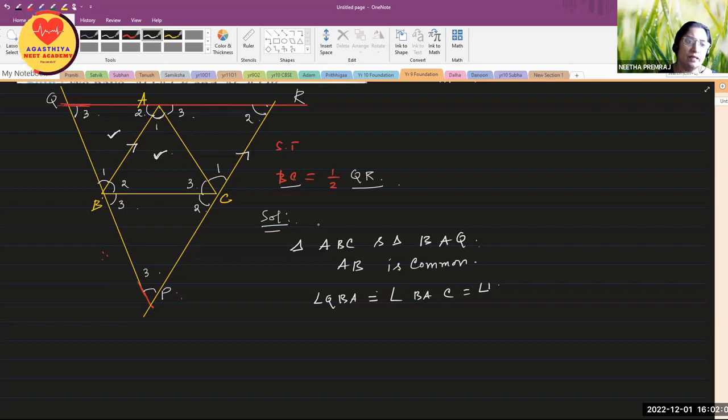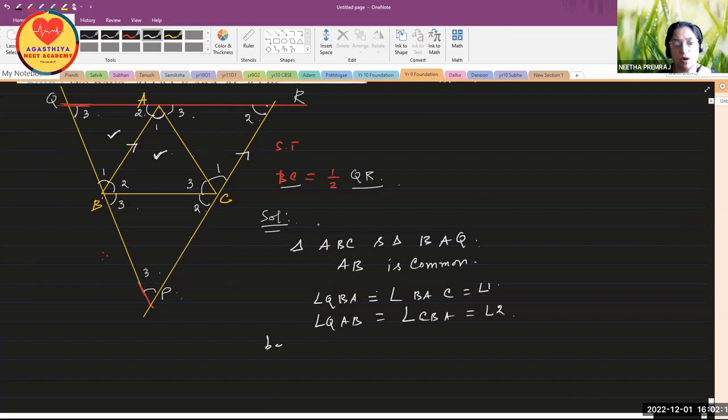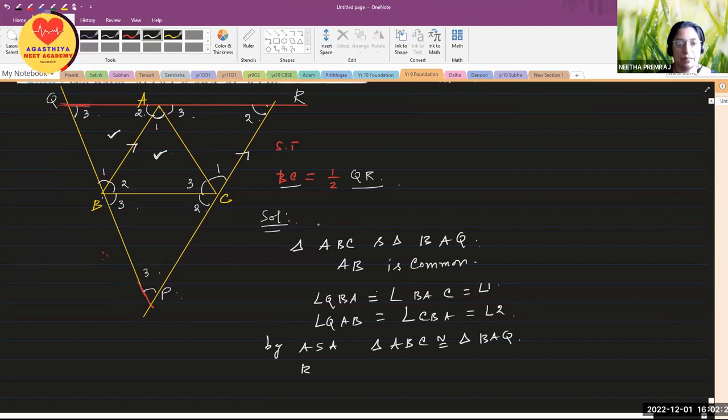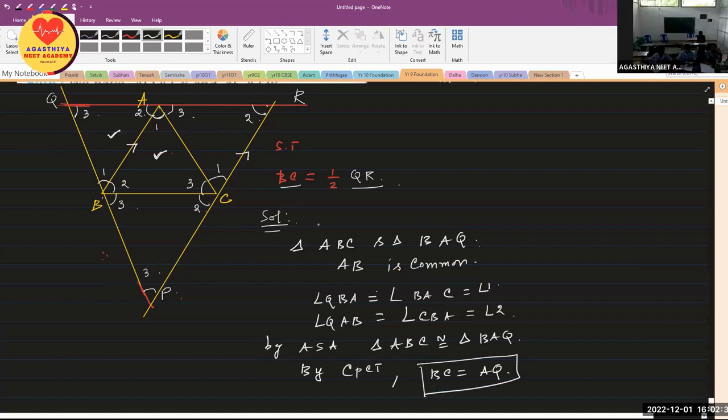Similarly, angle QAB is equal to angle CBA, that is 2. So by angle side angle, triangle ABC is congruent to triangle BAQ. So by CPCT, you could say BC is equal to AQ, correct? Guys, did you get it?